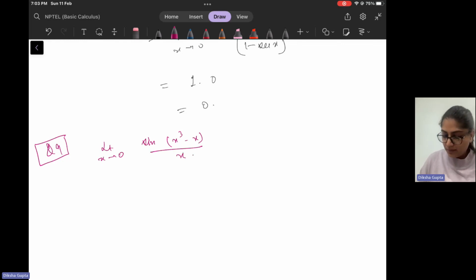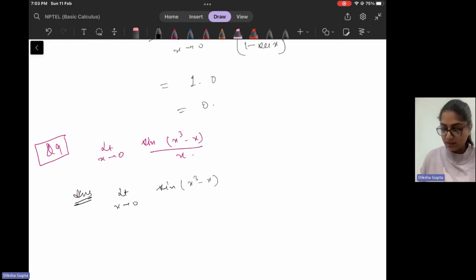Again, we have to use that limit x tending to 0, sine x upon x. So this is limit x tending to 0, sine of x cube minus x upon x cube minus x. So again, x tending to 0, x cube minus x will go to 0. So, I'll not separate them first.